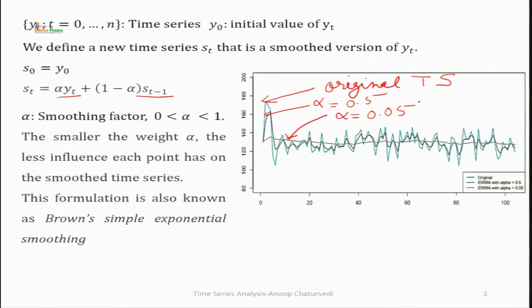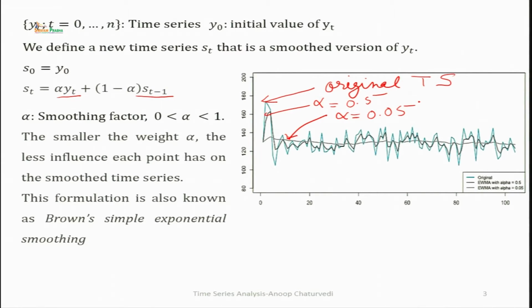So, you observe that the series becomes more smooth if you take a smaller value of alpha. The smoothed series with alpha equal to 0.05 is much smoother than the series with alpha equal to 0.5.